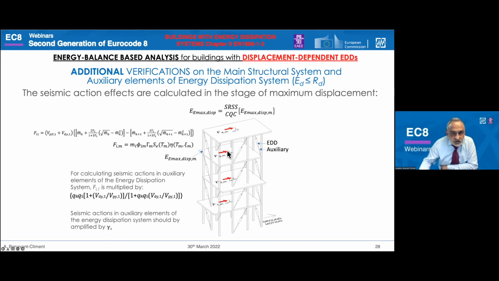This is done, in the case of displacement-dependent dampers, only in the stage of maximum displacement. And it is accomplished by developing an elastic 3-dimensional model of the structure and applying these forces, whose derivation I am not going to explain in detail due to time.